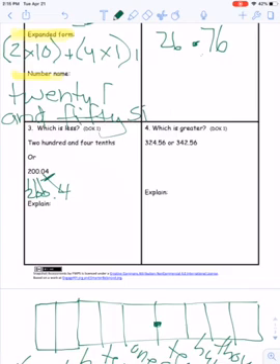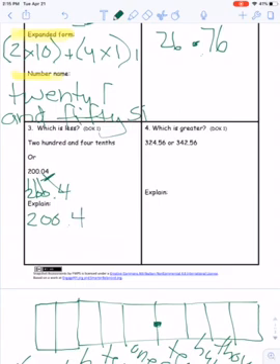So now the bigger number is going to be the number that has the biggest digit in the biggest place value. Since we know that tenths are always bigger than hundredths, and 4 is bigger than 0, then 204 tenths is bigger than 204 hundredths.